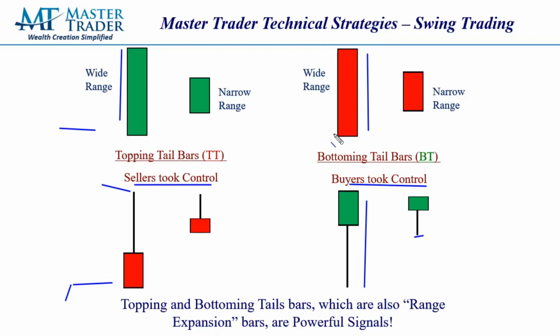It was emotional. And if that turned into a bottoming tail bar by the end of its completion, right? So let's say that it was looking like a big wide range bar at 3 o'clock in the afternoon, and by the close of trading, it looked like this. Obviously, buyers took control in a pretty big way.